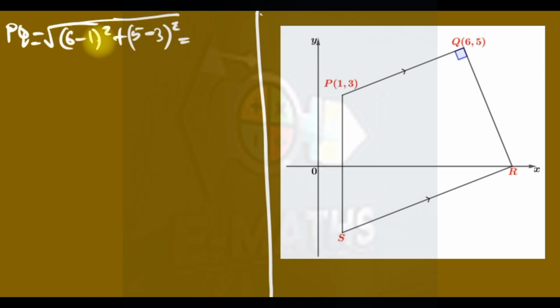So this is 5 squared, which is 25. 25 plus 4 is 29. So square root of 29.